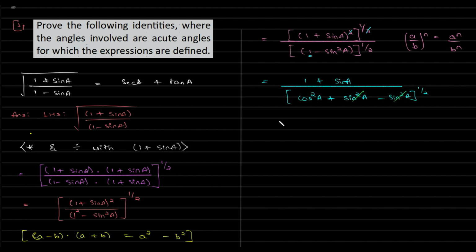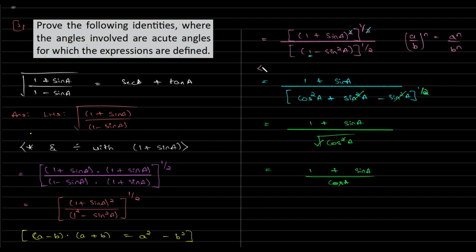So plus and minus will get cancelled and we have 1 plus sine A, entire thing divided by the square root of cos square A. So the square and square root will get cancelled and we have 1 plus sine A divided by cos A.